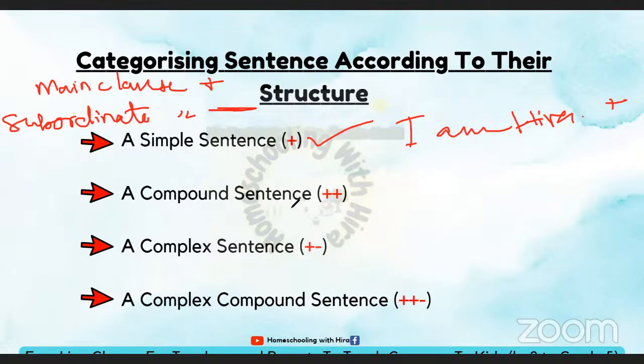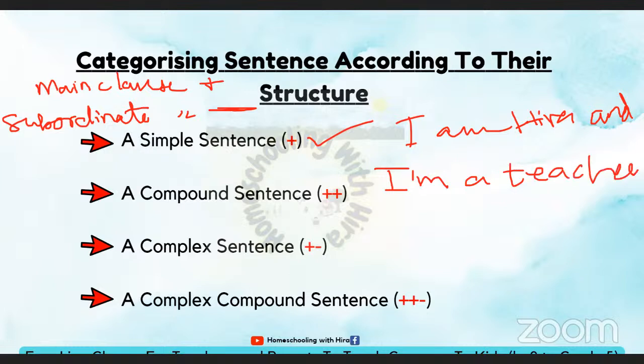Compound sentence. If you have two simple sentences, for example, I am Hera, and now I'm writing here a conjunction, and, I am a teacher. Now I have written two complete sentences, I am Hera, I am a teacher, but I have joined these two sentences with and, with a conjunction.